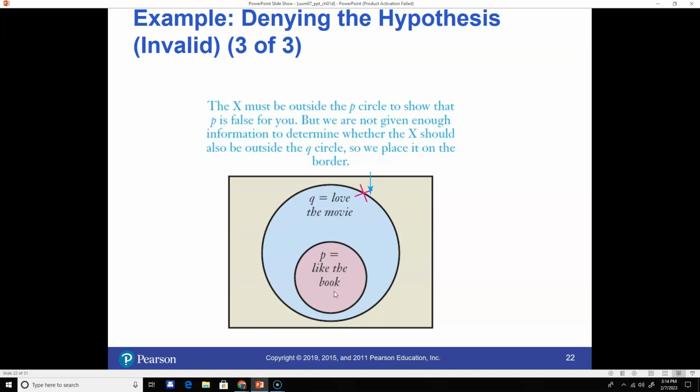You could not like the book, which would be outside the P bubble, but you could still like the movie. So we've placed the X on the border now. It could be in the beige region and the blue region. The only region it wouldn't necessarily be in is the like the book bubble. So you could not like the book, and you could certainly still love the movie, or you could not like the movie based on this picture. So that shows that this argument, again, is invalid.